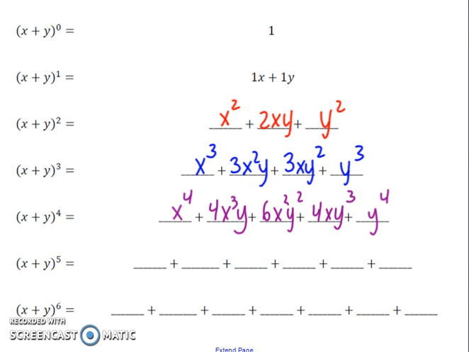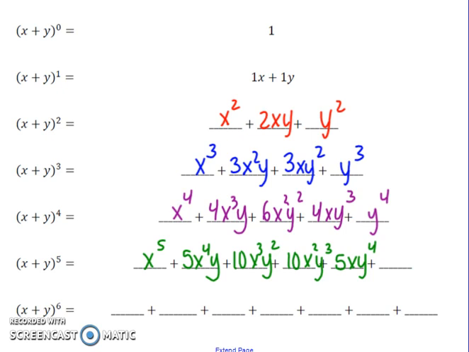Okay, so continuing down, I'm going to go to the fifth row. So (x plus y) to the fifth is going to give me x to the fifth plus 5x to the fourth y plus 10x to the third y to the second plus 10x squared y to the third plus 5xy to the fourth plus y to the fifth.